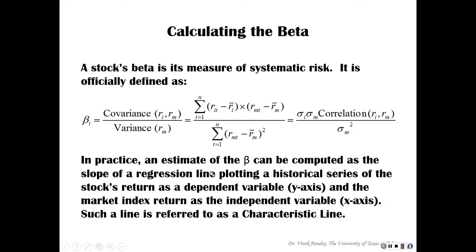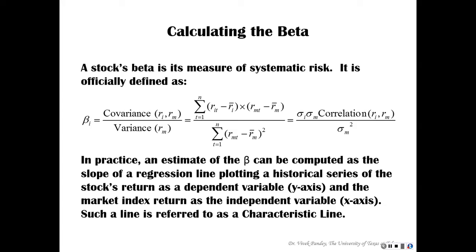In practice, an estimate of beta can be computed as the slope of a regression line plotting a historical series of a stock's return as the dependent variable on the y-axis and the market index return as the independent variable. So we've got to make sure that when we are plotting, we put the market index returns on the x-axis and the stock's return on the y-axis, and we get the plot of multiple points.